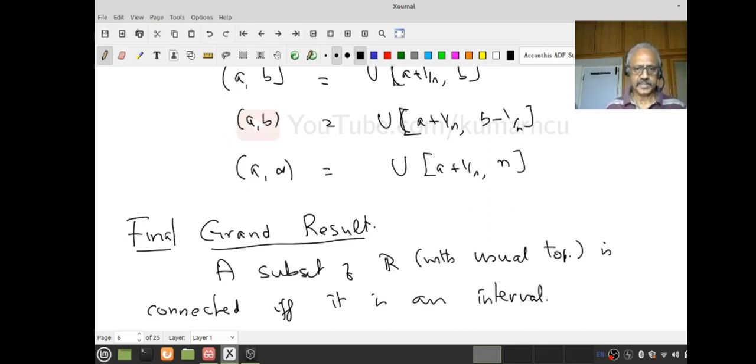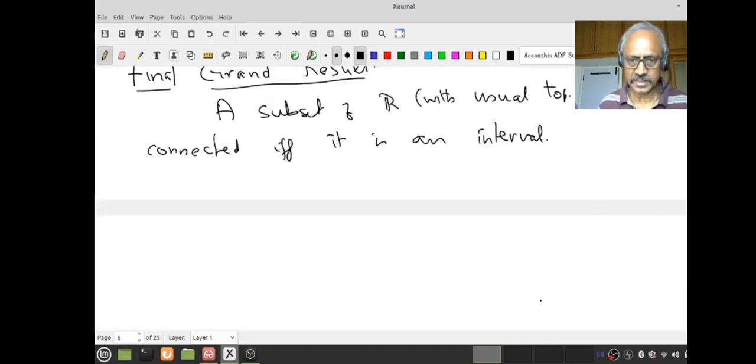Have you proved it? Yes. How did you prove that? You prove that if a subset of R is not an interval, it's not connected. Conversely, if it's an interval, it's connected. So we have proved it for all the intervals.